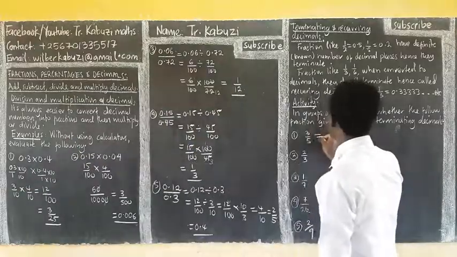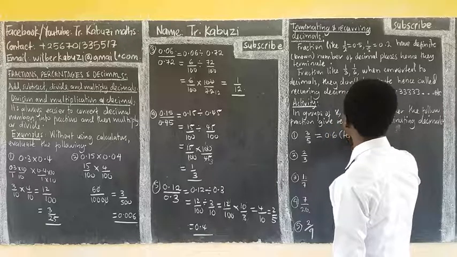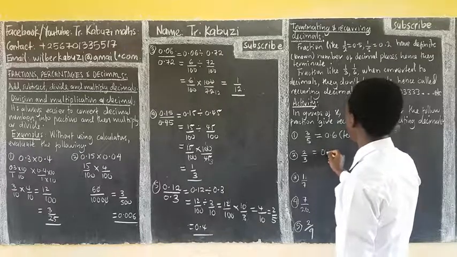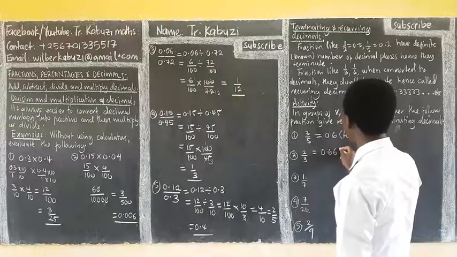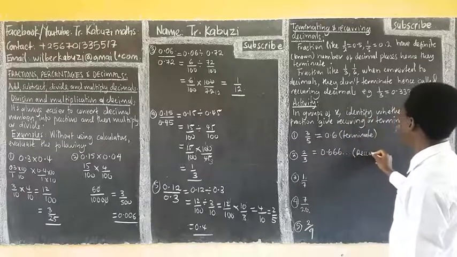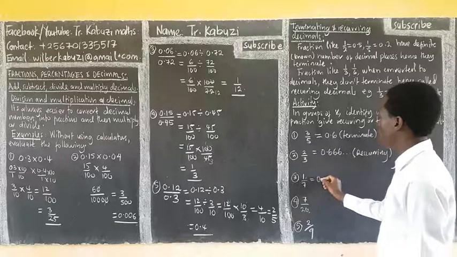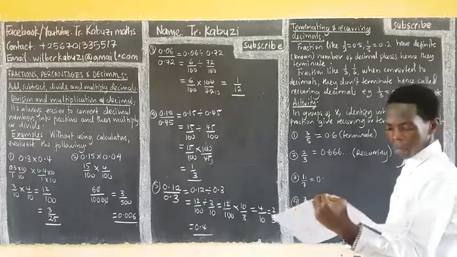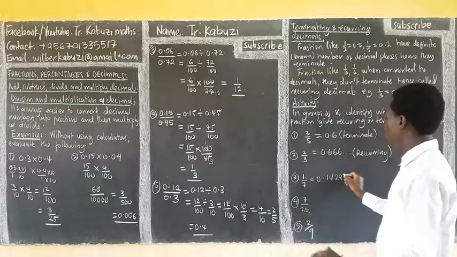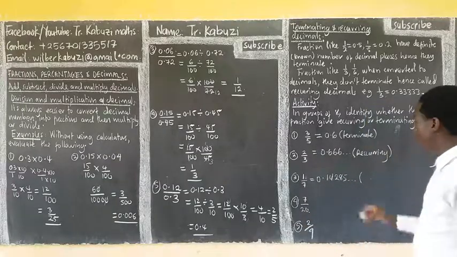So this one is 0.6, terminates. This one is 0.666, recurring. This one is 0.14285. This one is not recurring because there's nothing repeating, but it's non-terminating.